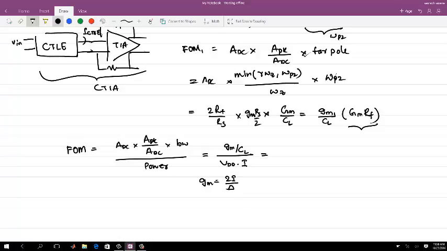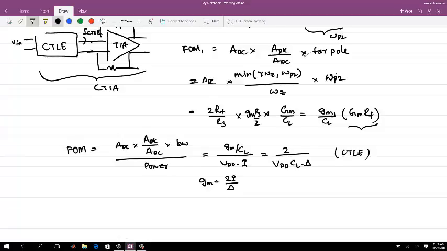So this is 2 by VDD into CL into delta for the previous CTLE.